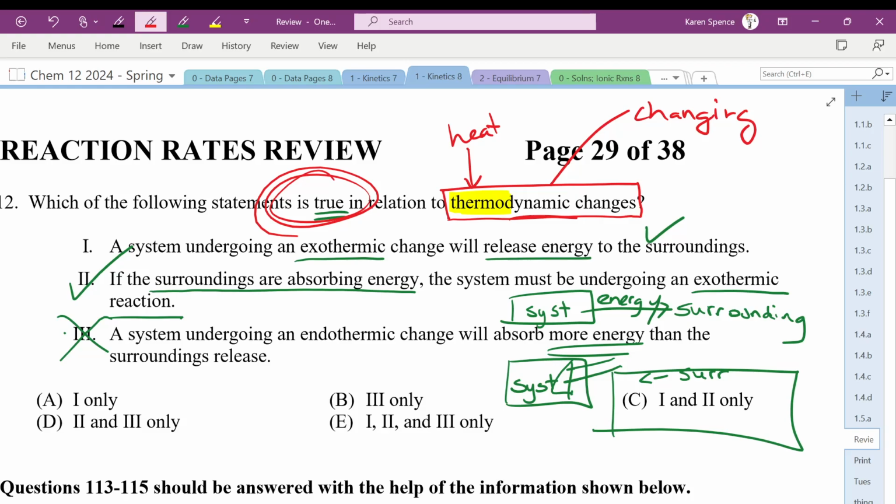But here's the thing. In unit two, we look at rates in terms of back and forth. And then in unit three, we look at back and forth in terms of solutions. In unit four, we look at back and forth in terms of acids and bases. And in unit five, more acids and bases.